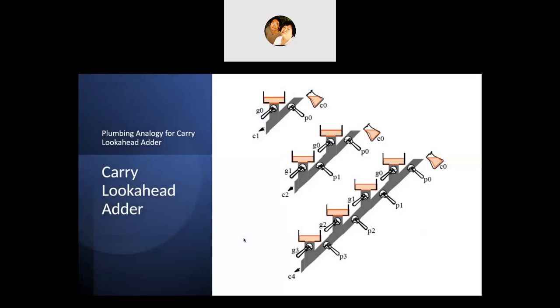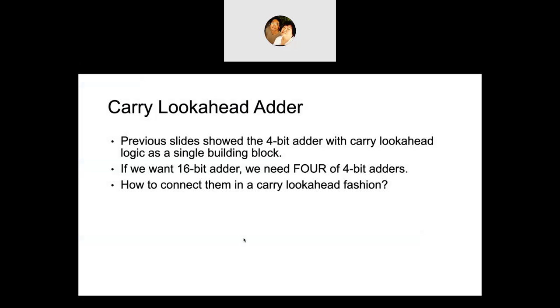Look at the thing like this. If we would like to build a 16-bit adder, we can create something like this. If this box is a 4-bit carry look-ahead adder, and definitely we will get a C4 here, right? And then we have 4 bits of result from R0 to R3, and we put A 4-bit and B 4-bit as well.